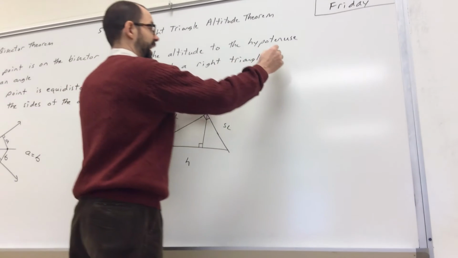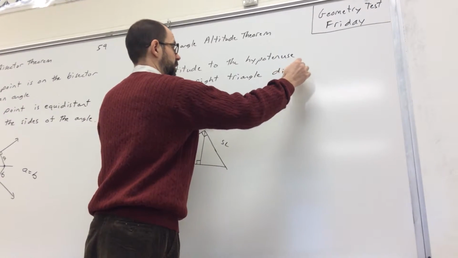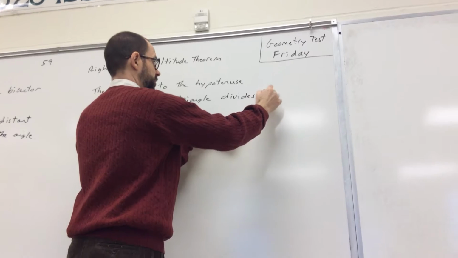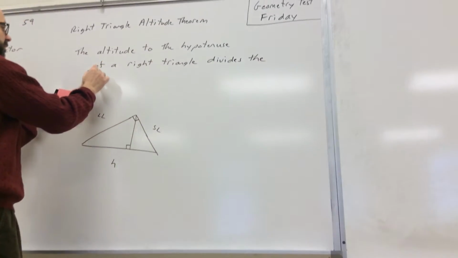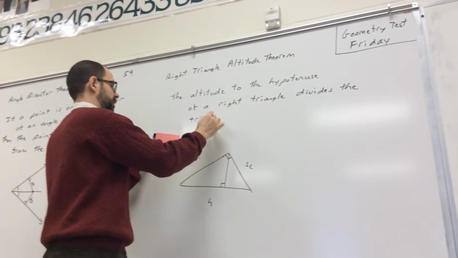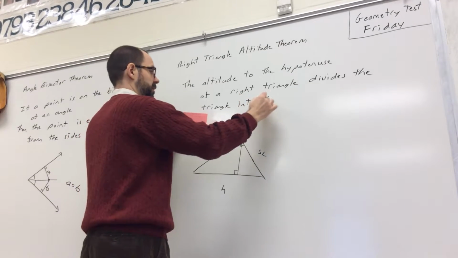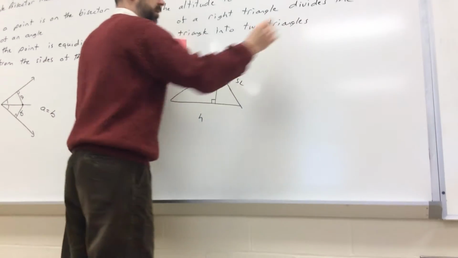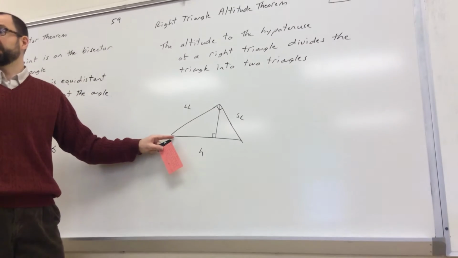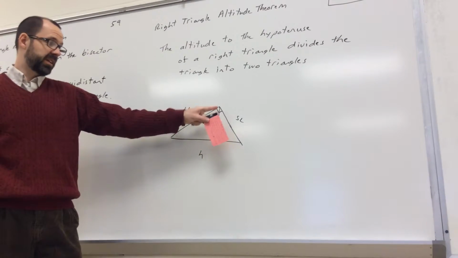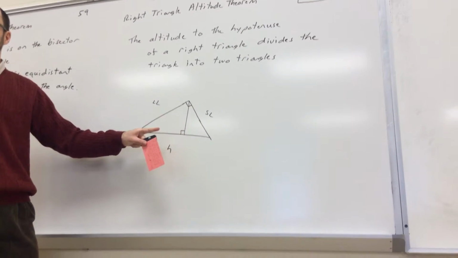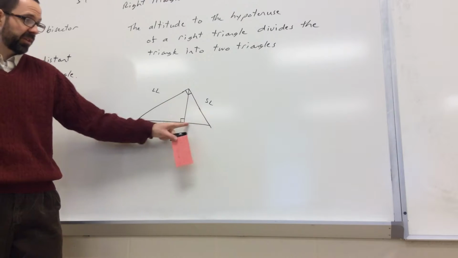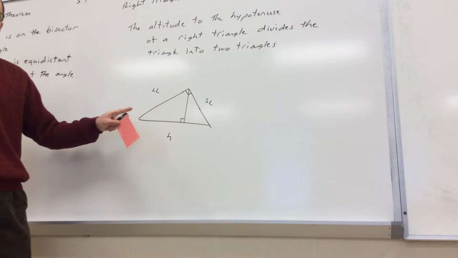So that divides the triangle into two smaller triangles. Which we can clearly all see, right? We just drew in an altitude. And now we've got two smaller triangles. One over here on the right and one over here on the left.